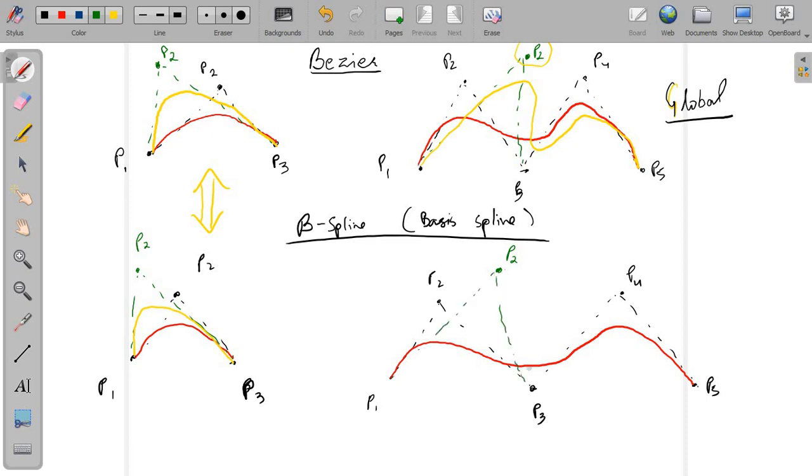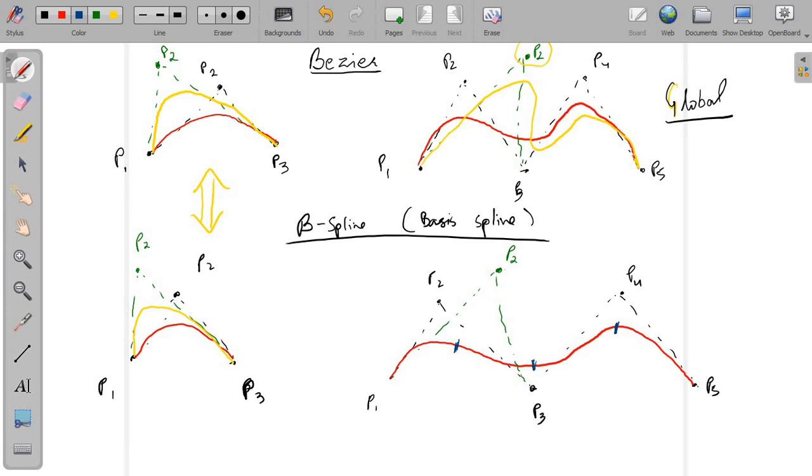Now the difference between this B spline and bezier curve is that in B spline, the segments will be separated. Suppose here we have 1, 2, 3 segments. One segment over here, and one segment between these two lines, another segment between these two lines. There we have 3 segments.